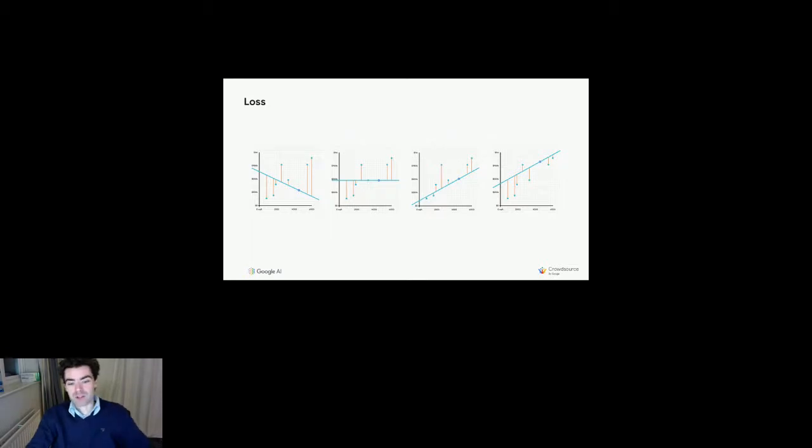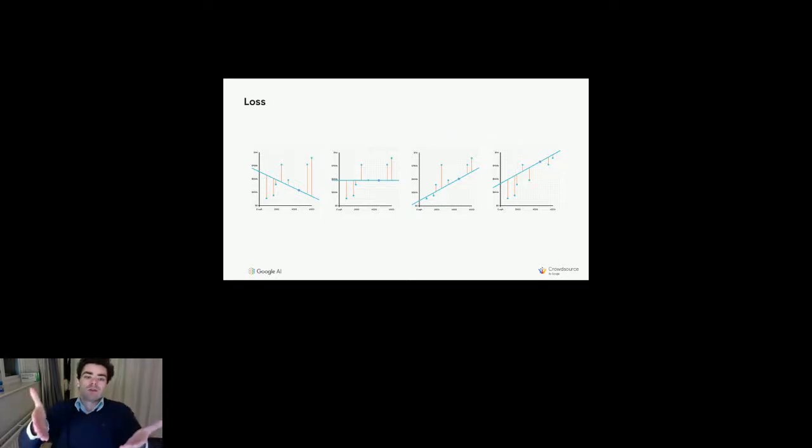And of course, how do you work it out? This will be familiar to anyone who's done a least squares calculation in their studies. It's the one which is closest, which has the least distance from itself at each of the dots individually.